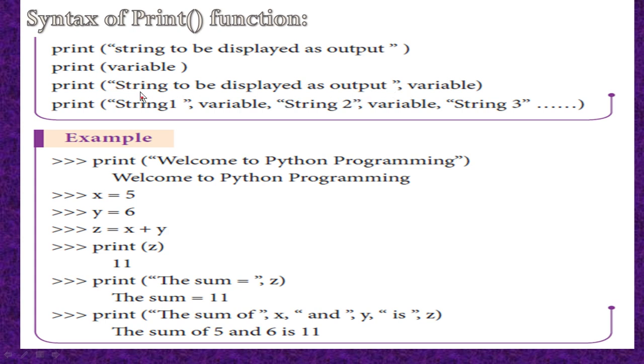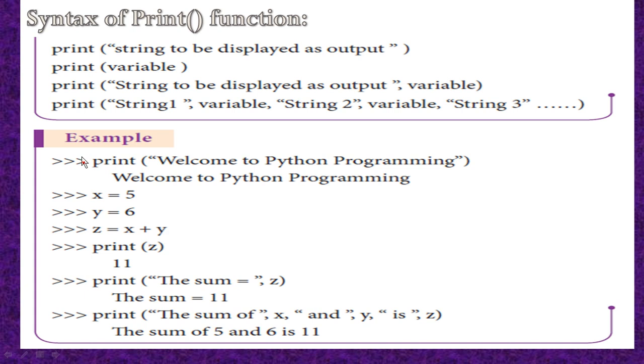The entire string is displayed in the output with the value of the variable. Third one, print string 1, comma, variable, string 2, comma, variable, string 3, comma, variable. Then string 1, the value of the variable, string 2, the value of the variable, string 3 and so on are displayed on the screen.